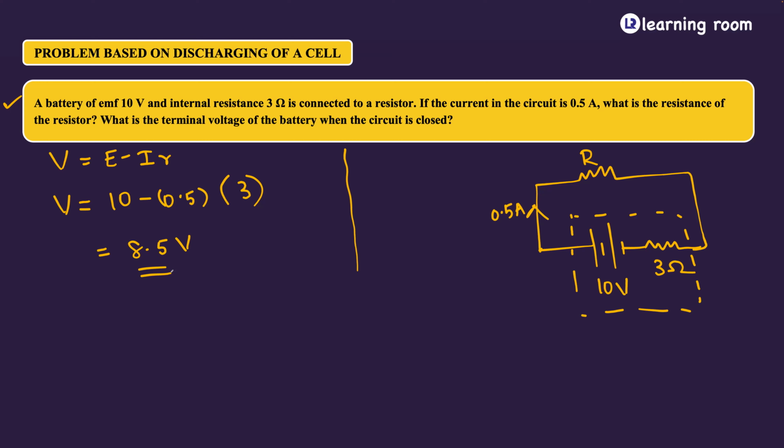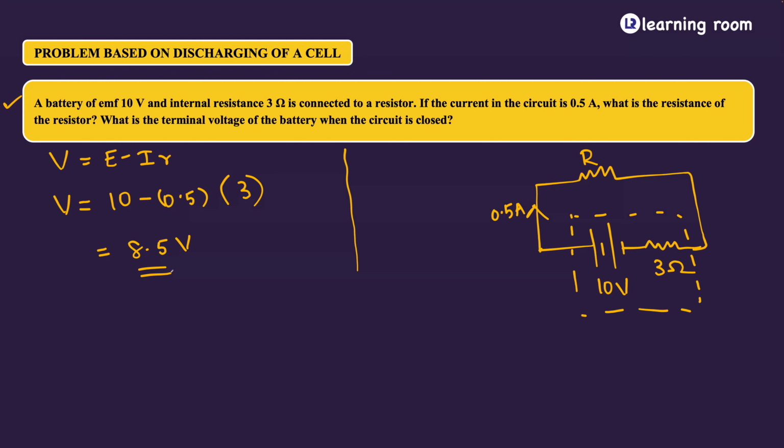But what are we interested in? We are interested in calculating the resistance that has been connected also. Right? So if I observe, what I can do is I can simplify the circuit by treating this 3 ohm as a resistor in series with this capital R. Can I do that?